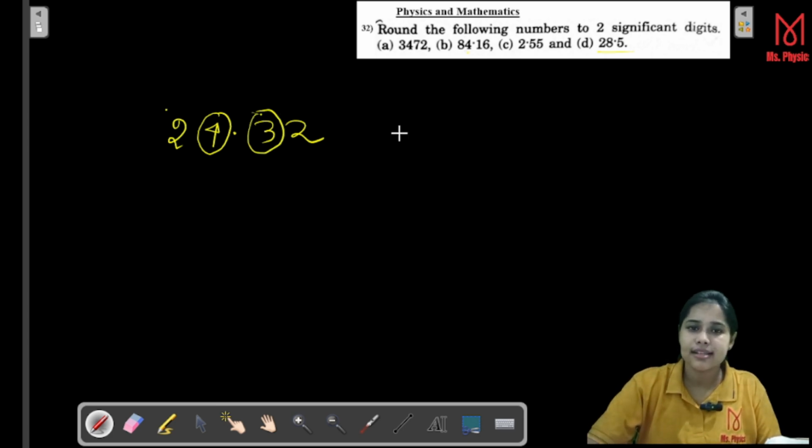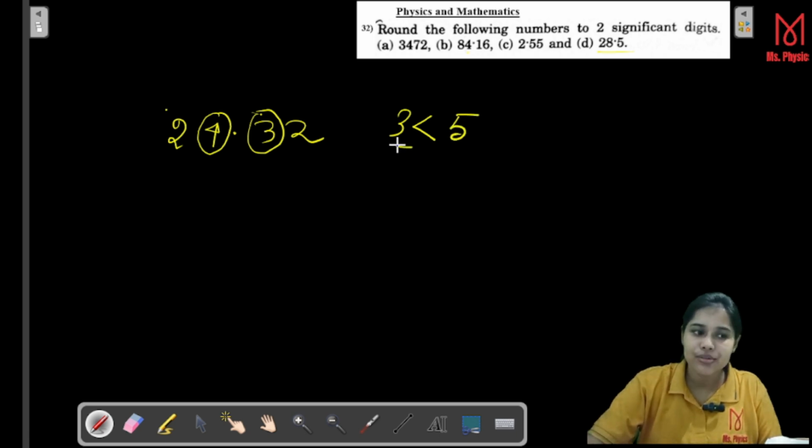Is 3 less than 5 or greater than 5? Obviously 3 is less than 5. So when you have a digit less than 5, the 4 remains unchanged. That means the answer would be 24. Very simple.